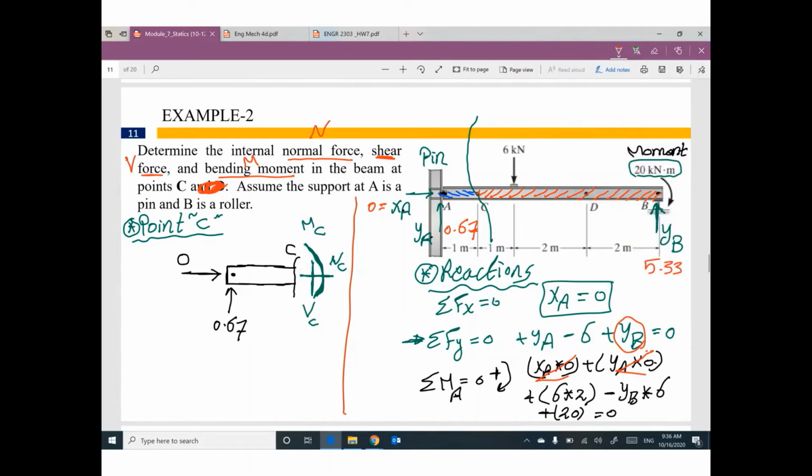Do you remember how I can assume normal, like this or like this, to left or to right? I don't know to left or to right. What I know is I need to assume normal to make tension. How can I assume NC to make tension in this part? Tension, pulling out. It should be like this.